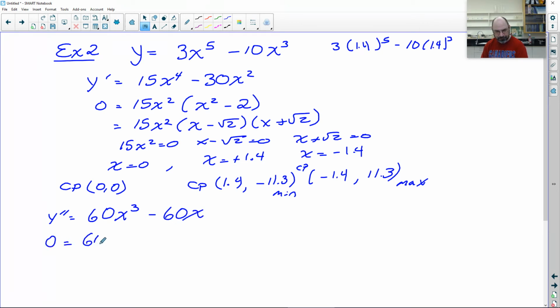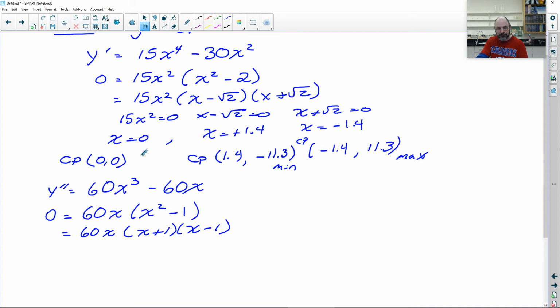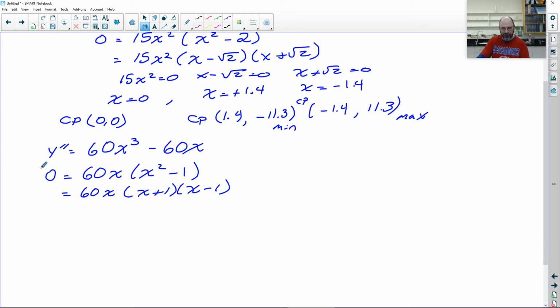We get 60x times x squared minus 1. Okay, so it looks like we've got 3 possible inflection points here. So this is not going to be a max or min. This is going to be an inflection point, that critical point there.